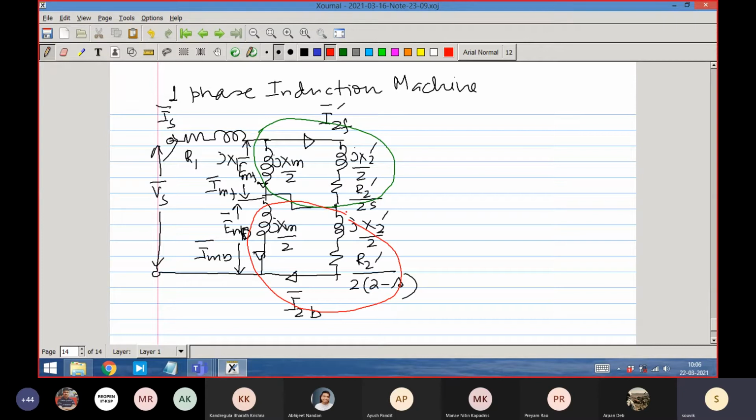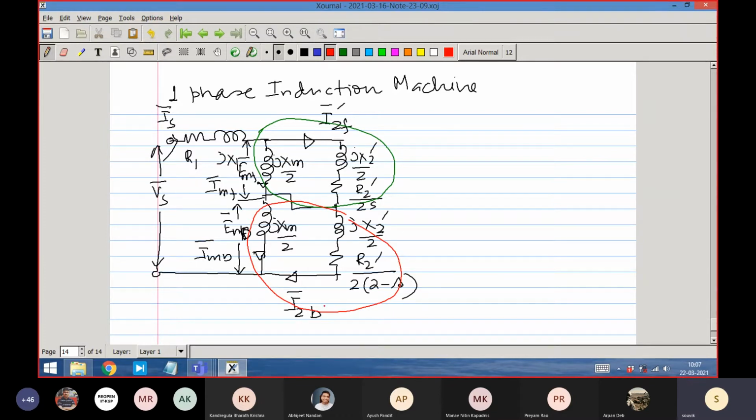In fact, if you think deeply, you will see that when I write I2F dash, I mean the stator current corresponding to the rotor current due to the forward magnetic field. I take an equivalent stator current. What is seen by the stator, what is felt by the stator due to the rotor current in the rotor that is caused by the forward magnetic field.